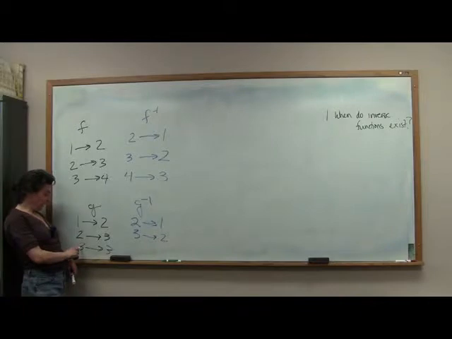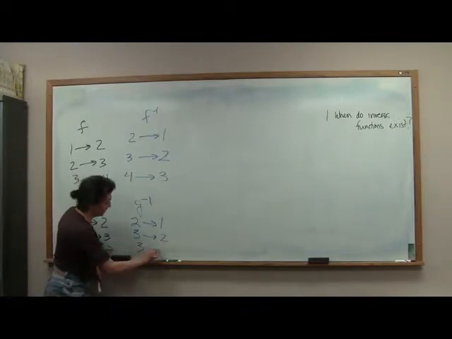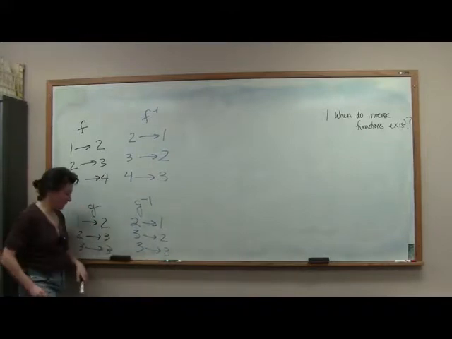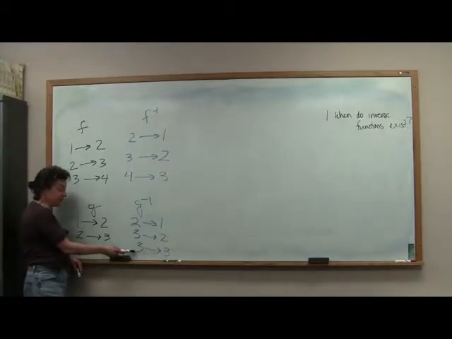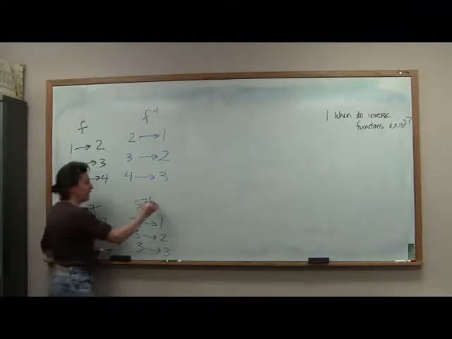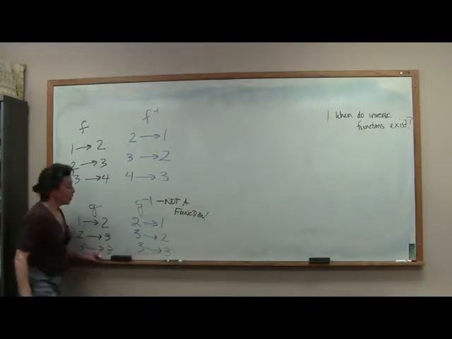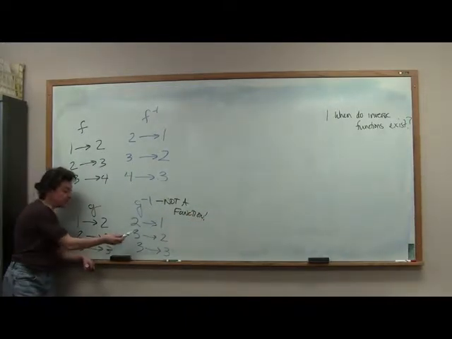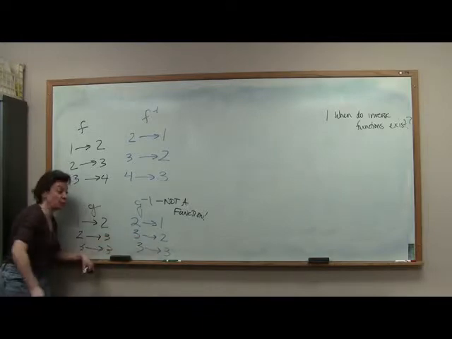And similarly, if my function takes 3 to 3, won't my inverse take 3 back to 3? I claim we got some problems here. What is the matter with this guy? I claim he is not a function. Why? Because notice I have an x value going to more than one y value.